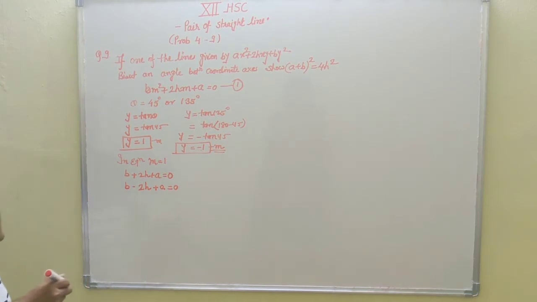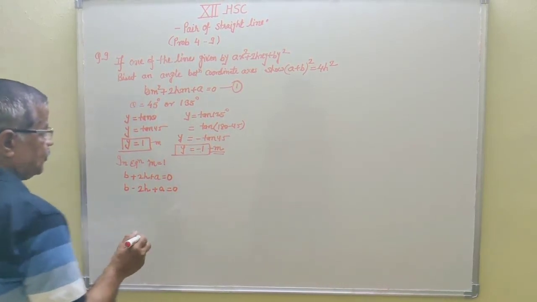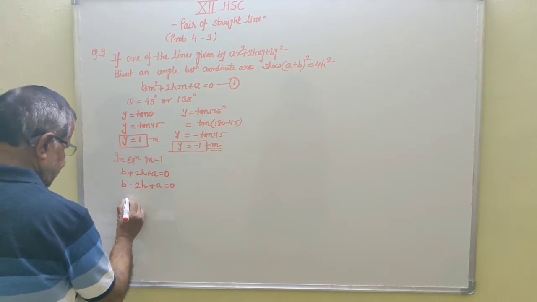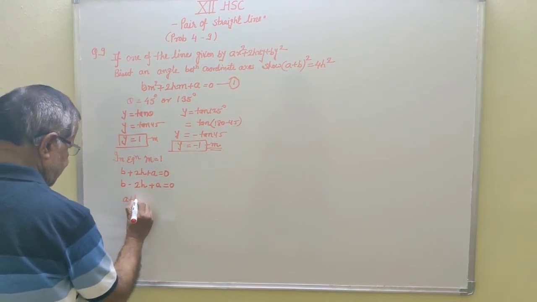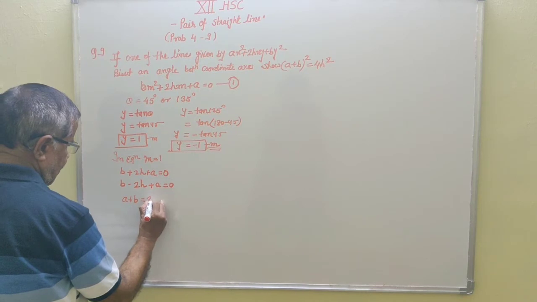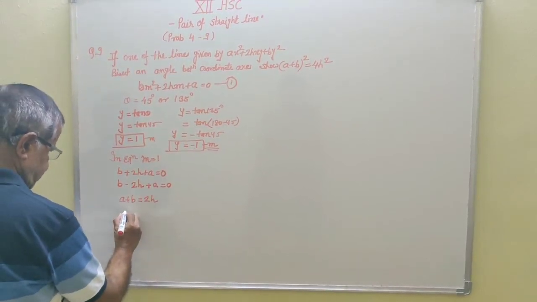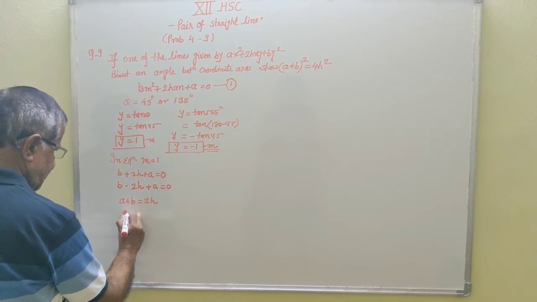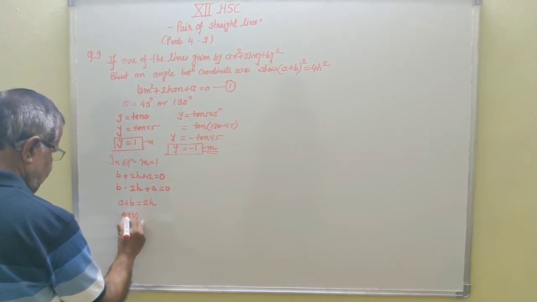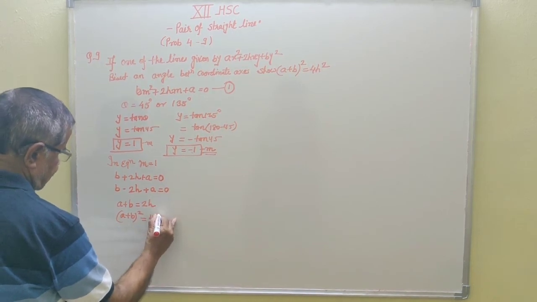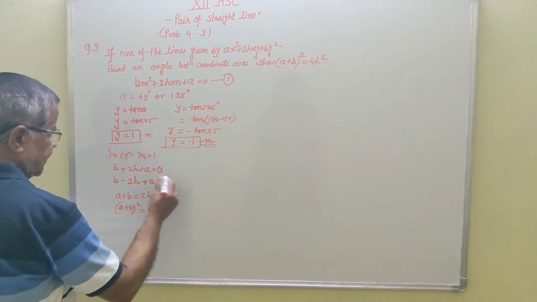Now I want to show that this is 4h². So this can be written as a + b = -2h, transferring 2h to the other side. So (a + b)² = 4h². This is for the second equation.